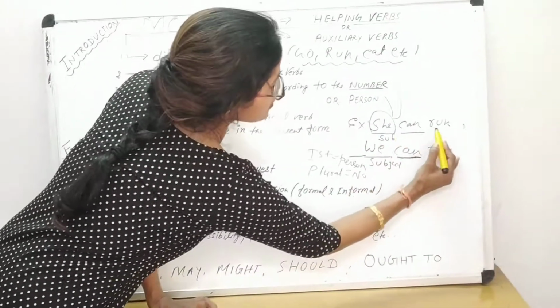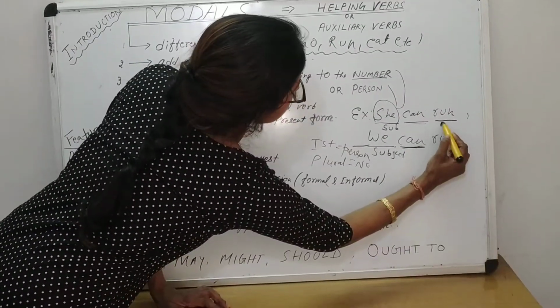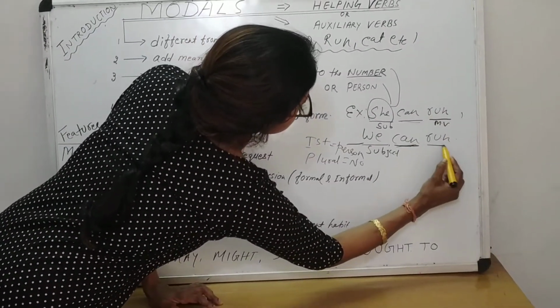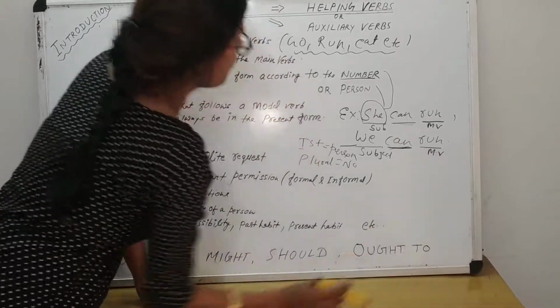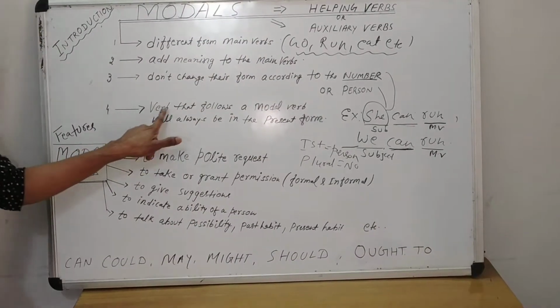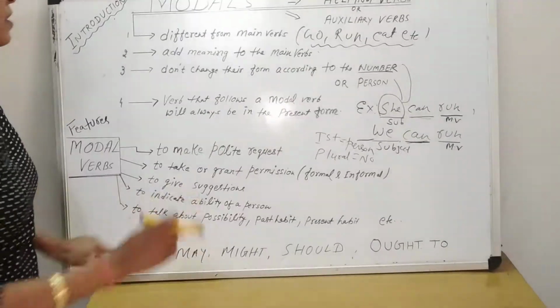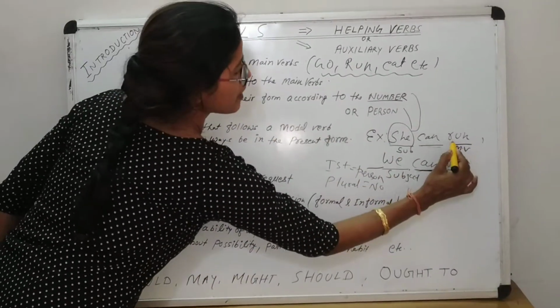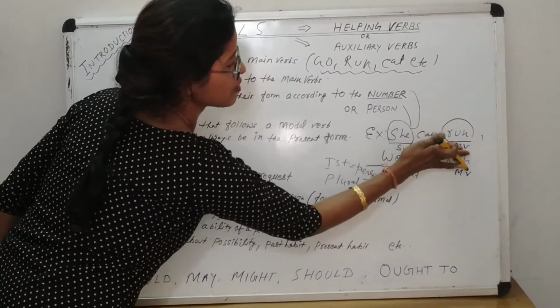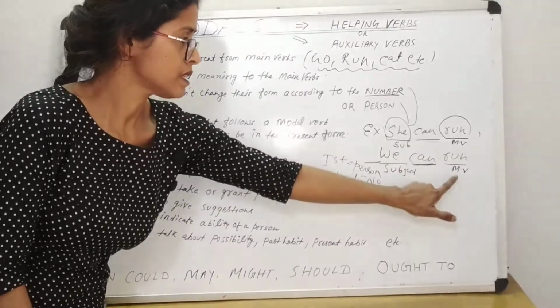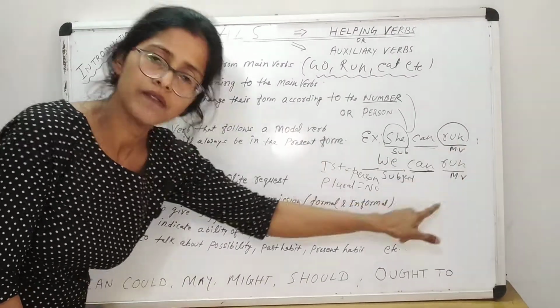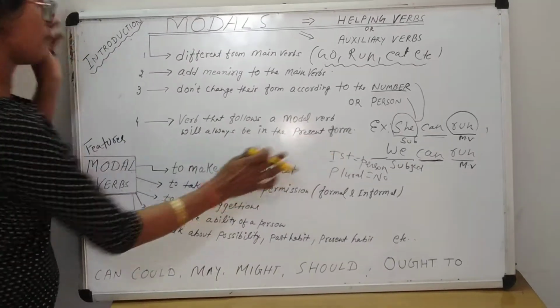Now, see the main verb here. This is the main verb, right? Again, this is the main verb. Now, understand this point: the verb that follows a modal verb. So, which verb is following the modal verb? Run. Run is following the modal verb, and this main verb will always remain in the present form, right?